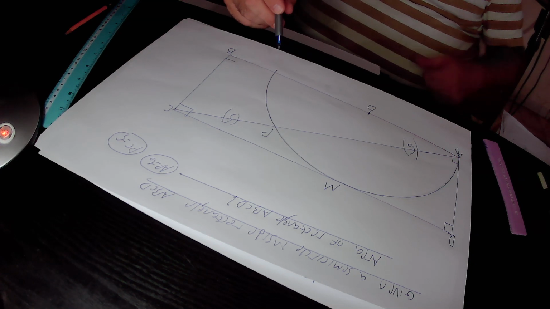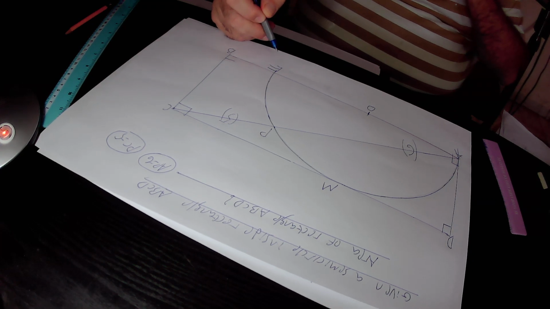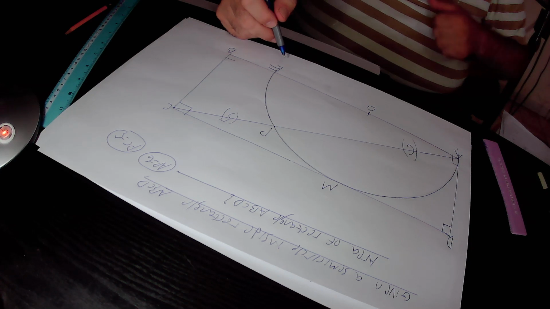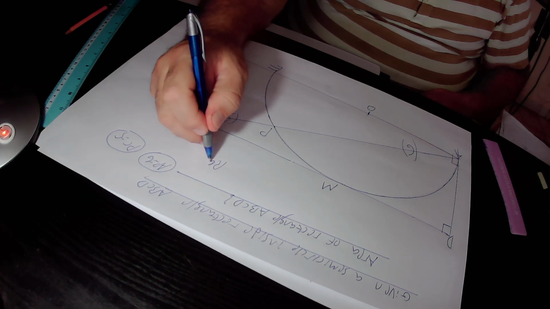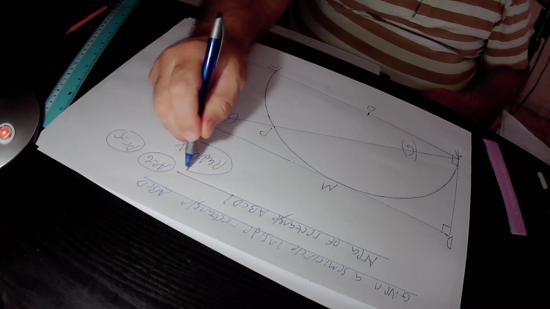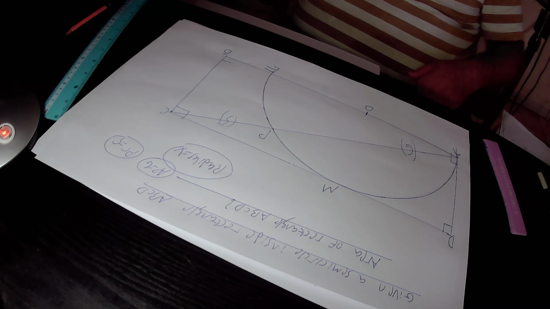This point is point E. We define the radius of this semicircle as X. And we join points O and M together by a straight line.